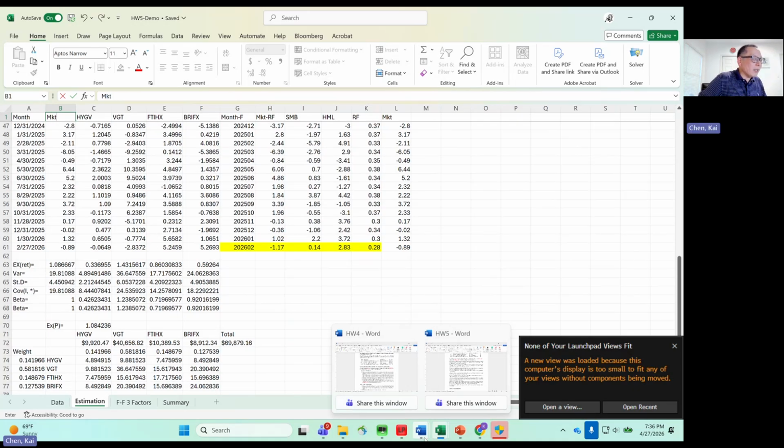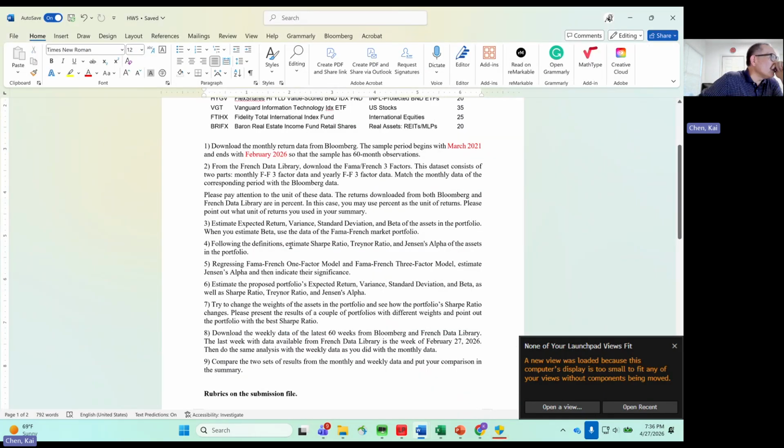Now let's look at the next step in homework 5. We're going to estimate the Sharpe ratio, Treynor ratio, and Jensen's alpha of the assets in the portfolio. I think that is easy. Step 3 is estimating expected return, variance, standard deviation, and beta.